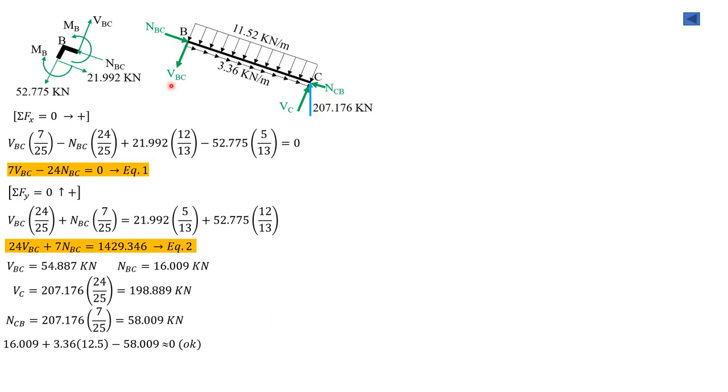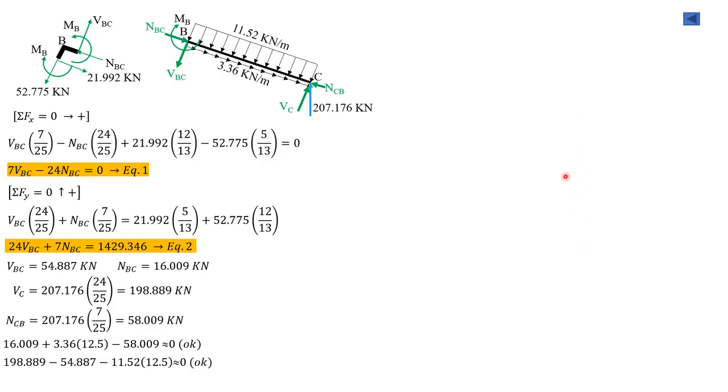Then summation forces tangential, so we have V sub C, which is 198.889, then minus V sub BC, which is 58.887, minus 11.52 times 12.5, and it is almost 0 also. That checks. Remember that moment at C is 0, so summation moment about C is 0. Moment at C is 0 because, if you can remember, reaction at D is vertical and the member CD is vertical.